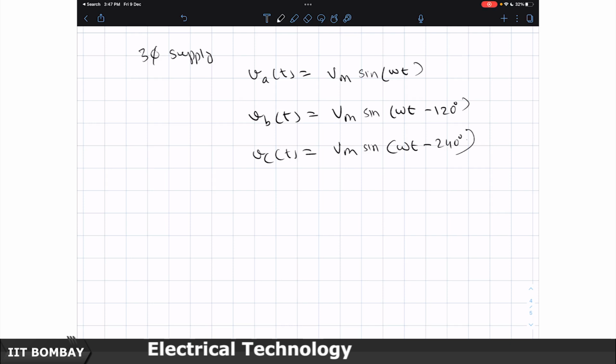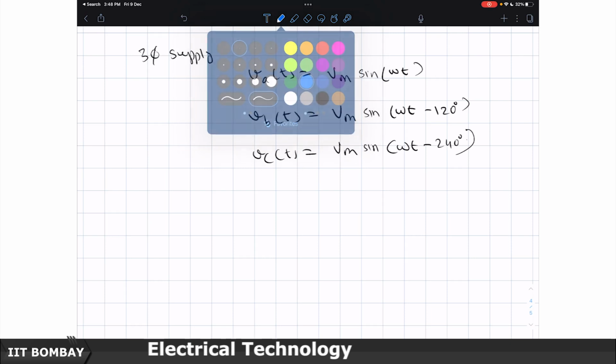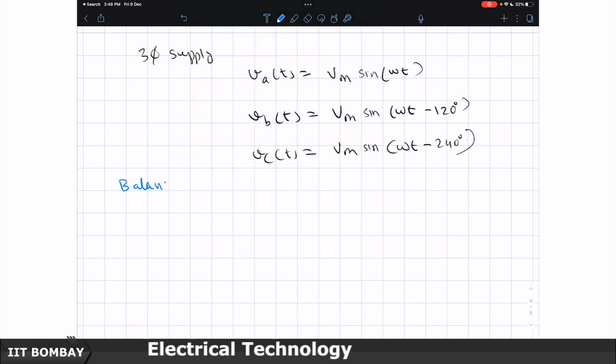So, each one of them is generating the same peak amplitude Vm, and they are displaced symmetrically by 0, 120 and 240 degrees. Such a supply will be called a balanced supply, and remember that a synchronous machine or an alternator by its very construction generates a three-phase balanced supply.